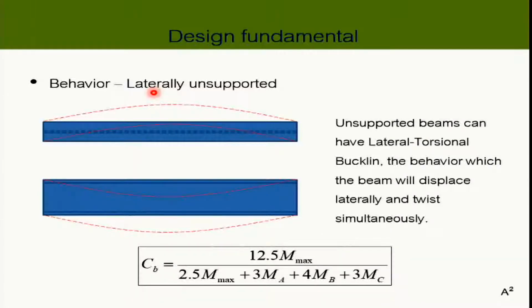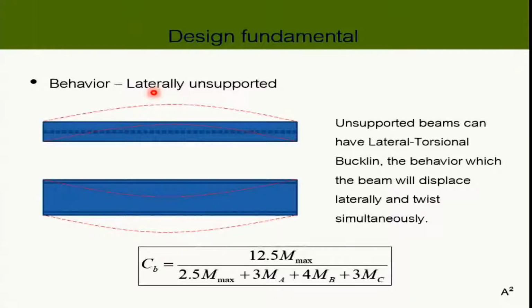But if the moment is not constant, like the cases that I just showed you, your beam will become harder to have lateral torsional buckling. And this behavior is reflected through the use of CB. And CB can be calculated by using this. I'll come back to this later on, okay? Now, that's a general idea of the behavior of the beam.